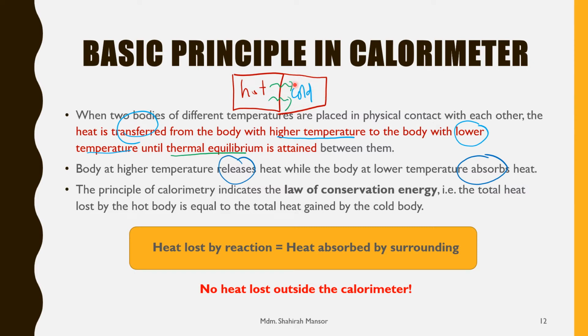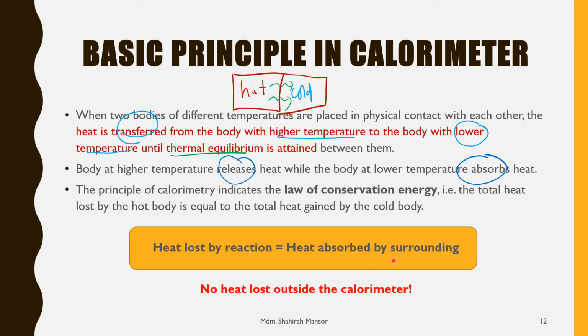So jumlah energi ataupun heat yang diserap oleh cold substance ini adalah bersamaan dengan energi yang dibebaskan daripada hot substance tadi. Okay, so meaning that heat lost by chemical reaction is equals to the heat absorbed by the surrounding.